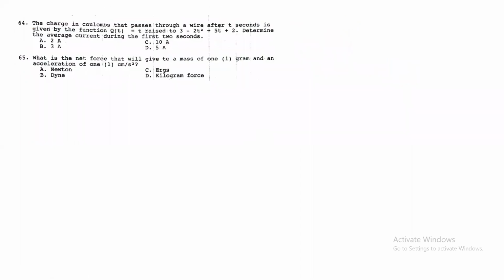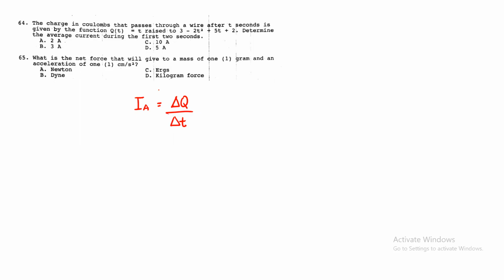So, next, 64. The charge in coulombs that passes through a wire after t seconds is given by the function. So, may given time function with respect to t. So, determine the average current during the first 2 seconds. So, ito, may nasagot na ulit na rin tayong ganito, no? So, average current, so, IA is equals to, so, change ng Q over change in time.